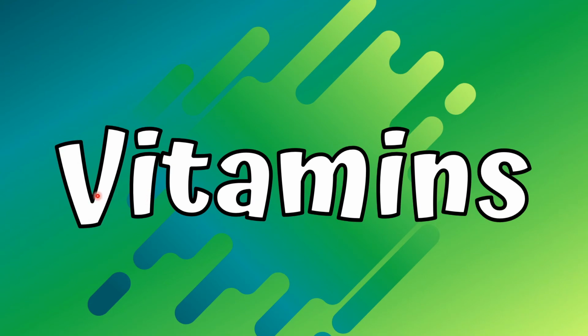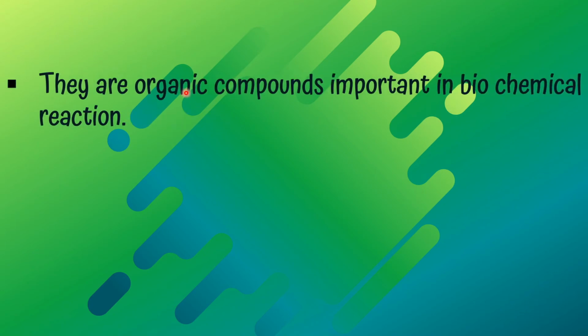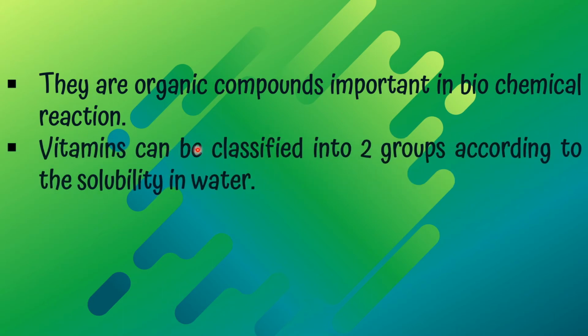Okay, let's talk about our final group of compounds, vitamins. They are organic compounds important in biochemical reactions. Vitamins can be classified into two groups according to solubility in water, as water soluble and water insoluble.